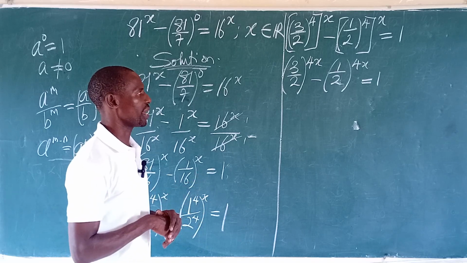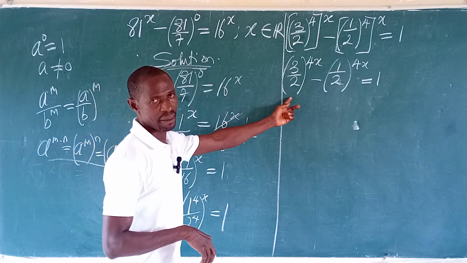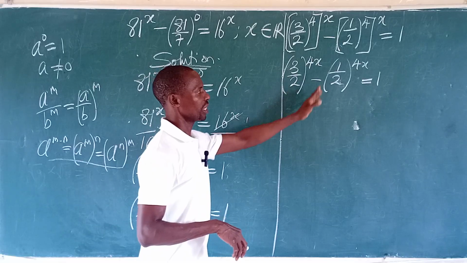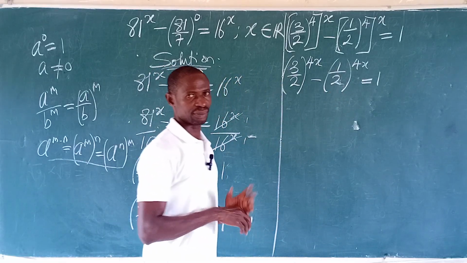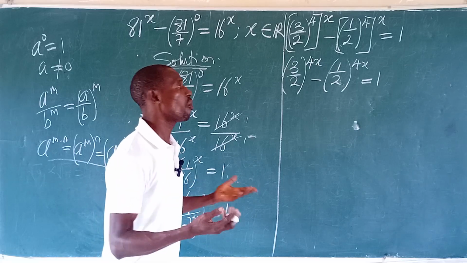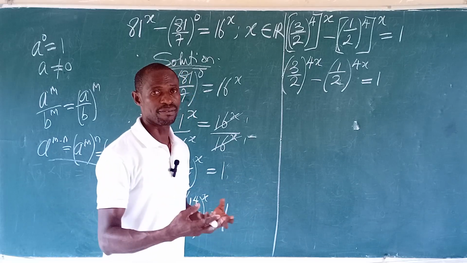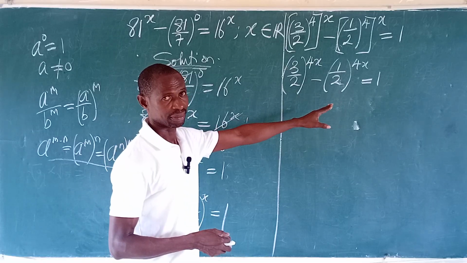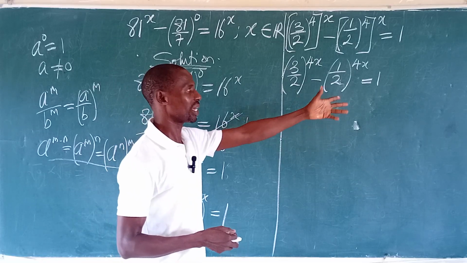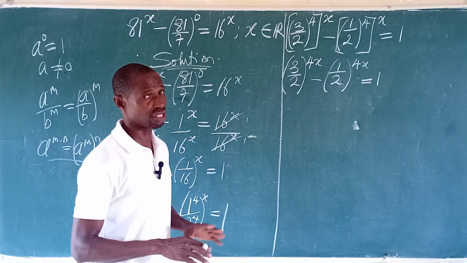We can solve from here using a particular alphabet to represent the whole of this, then go ahead and invoke the difference of two squares into this system, and we can get our answer from there, straightforward.